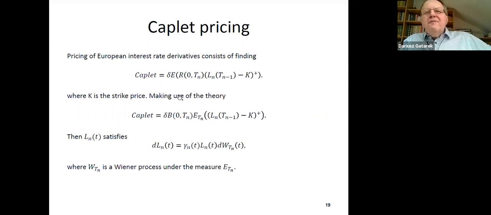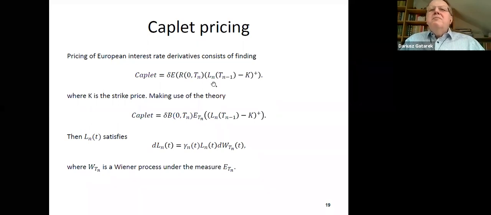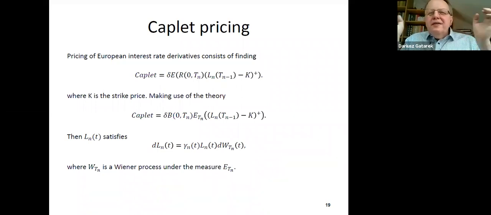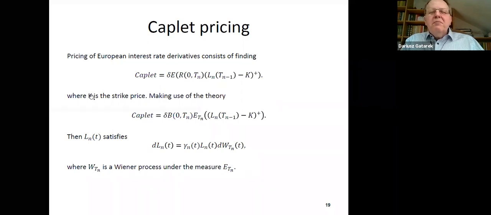So this is a rate from Tn-1 to Tn. So discounting goes up to Tn. But it is known a bit in advance. Now with the new rates, it is not like that. It will be known at time Tn. So this is the modification by Fabio and Andrei Lyasov. Okay, irrelevant. So we've got that expectation, where K is the strike price.